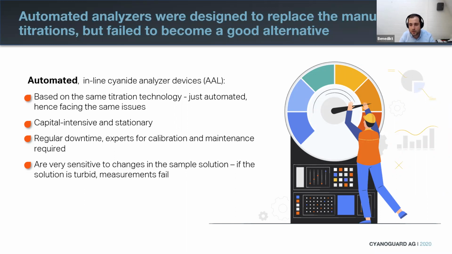And we've seen a couple of mines, for example, the Guardi mine in Argentina, that have decided to abandon automated control strategies because the automated analyzers just didn't work for them and were too unreliable, and they were facing too much downtime because their process solution was just not working with these.